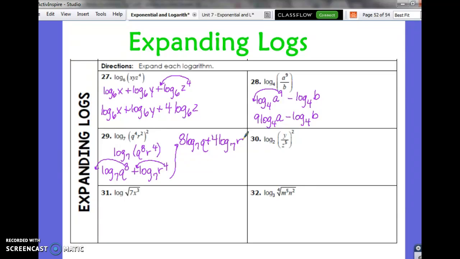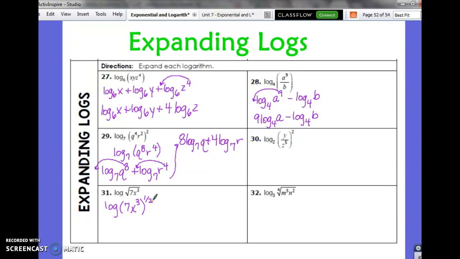On 31 and on 32, since you've got radicals, you need to rewrite those as powers first, making sure that you put the power with the appropriate base. So since that's a square root, I can rewrite that as log of 7x cubed, all raised to the 1/2 power.